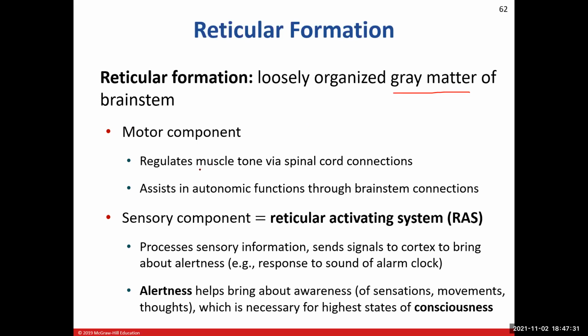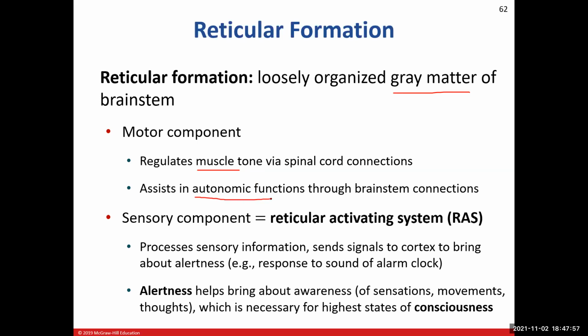They're remarking on your muscle tone. It's the motor component of the reticular formation that regulates that muscle tone. If we're seeing an increase in muscle tone, then we're going to see an upregulation of the motor portion of our reticular formation. It also plays some role in our autonomic nervous system.